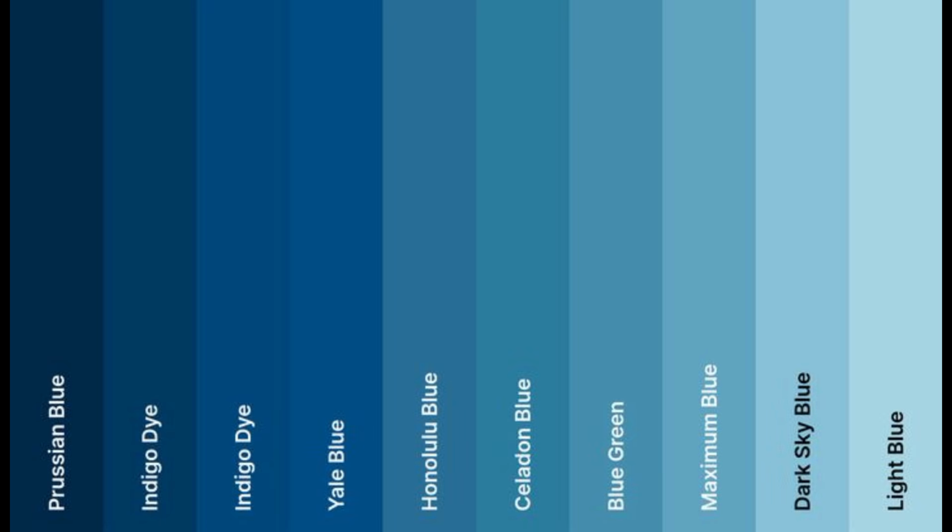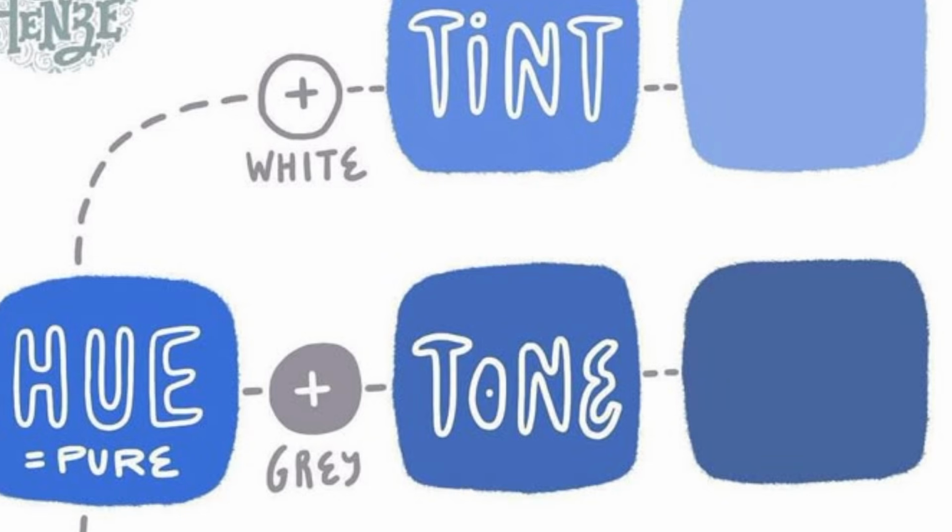In that way, you'll be able to produce those shades because you have the lighter side, which is tinted, and the darker side, which is the shade or the tone.